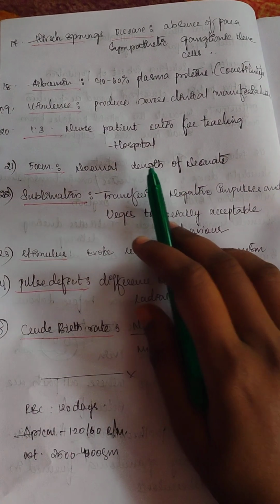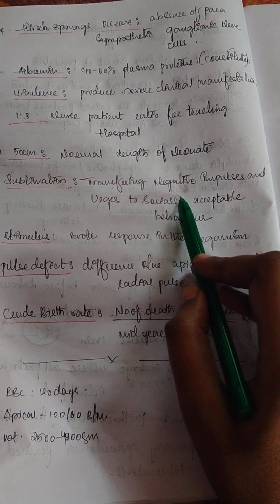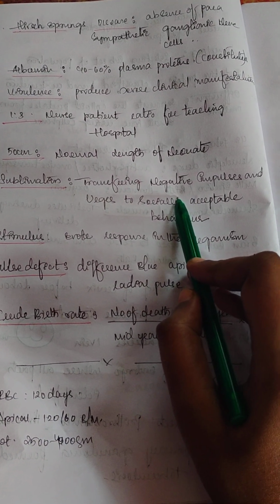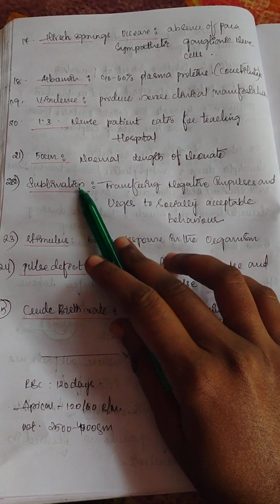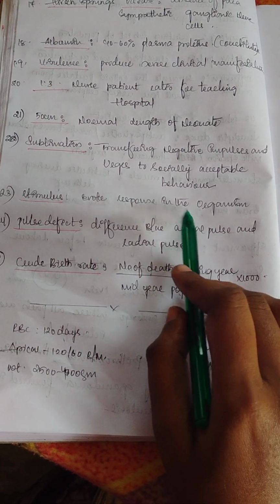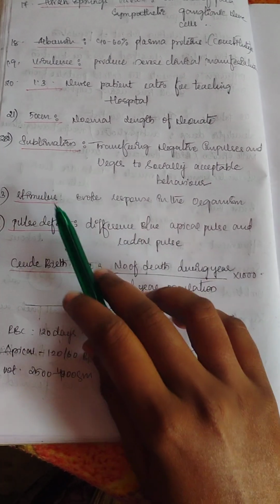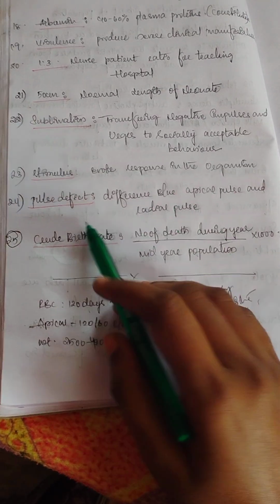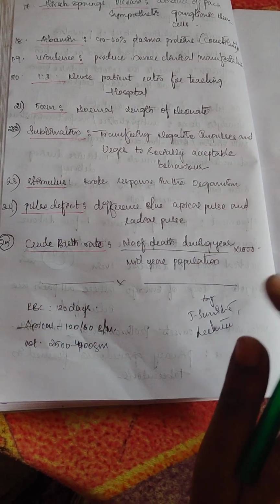The next one, the length of a neonate is 50 centimeters. Sublimation is nothing but when a person transforms unacceptable social behavior to acceptable social behavior, so we can call it sublimation. The stimulus is nothing but the activation of response in the organism, that we can call the stimulus. Pulse deficit is nothing but the difference between the apical pulse and radial pulse, that we can call the pulse deficit.